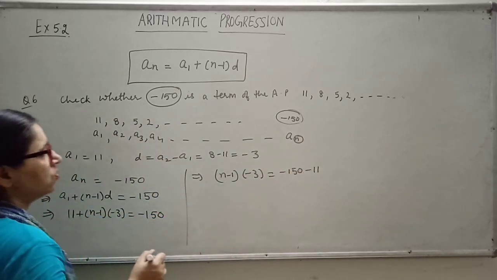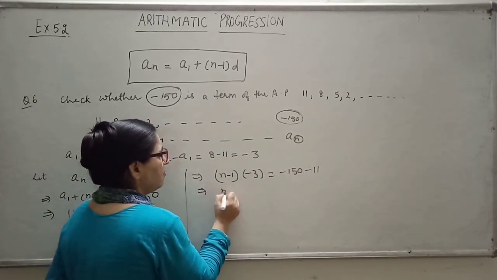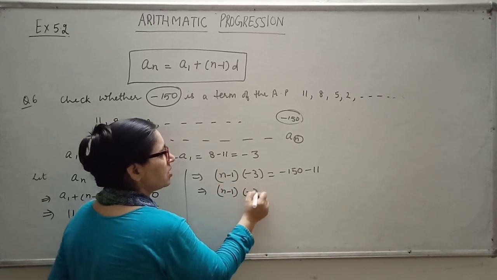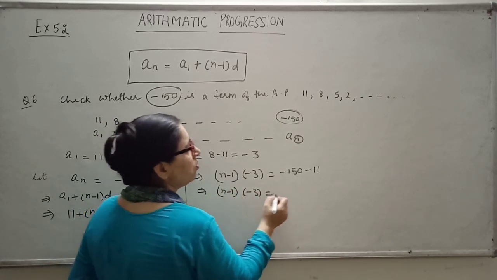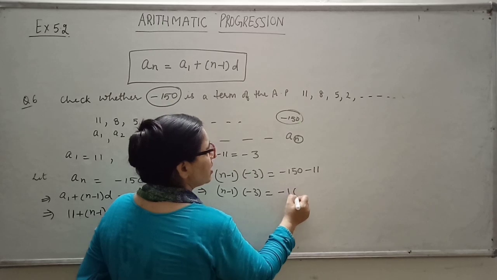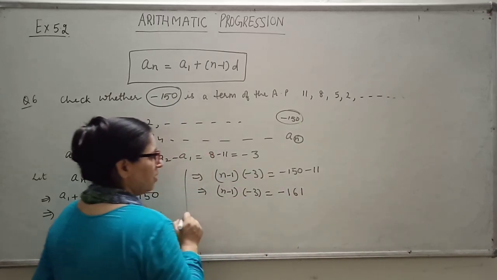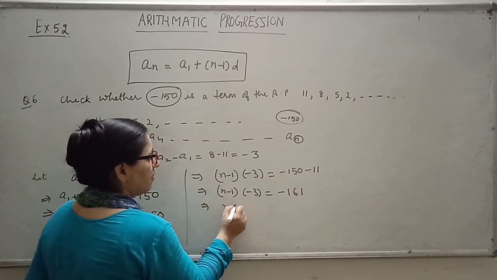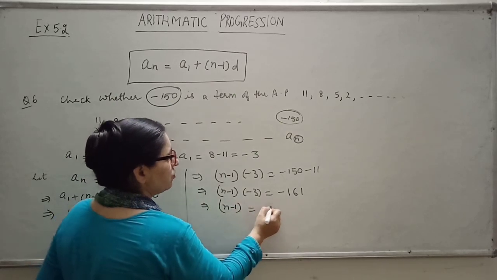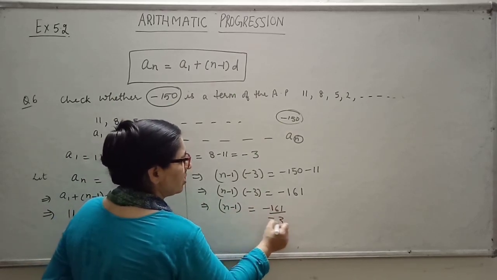So what would it become? (n minus 1) into minus 3 is equal to minus 161. Now it would become n minus 1 upon, it would be minus 161 minus 3.